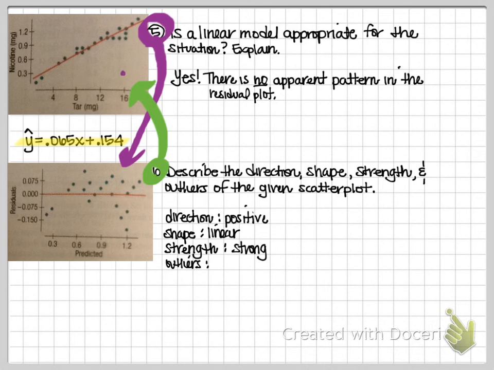If I had a point down there somewhere, that might be an outlier, or something that doesn't seem to be following the trend. I'm going to get rid of that guy since he doesn't belong there, but I just wanted you to see it. So in this case, outliers, I'd say none. Everything seems to be following the trend of the line.